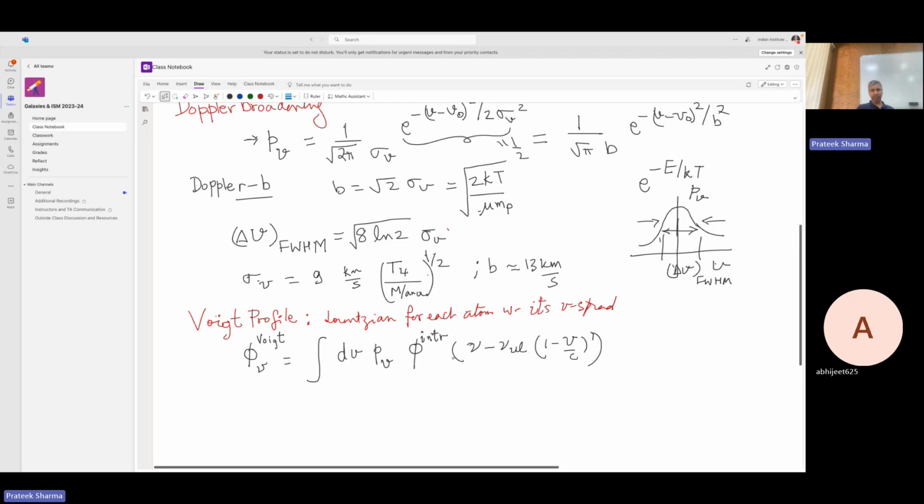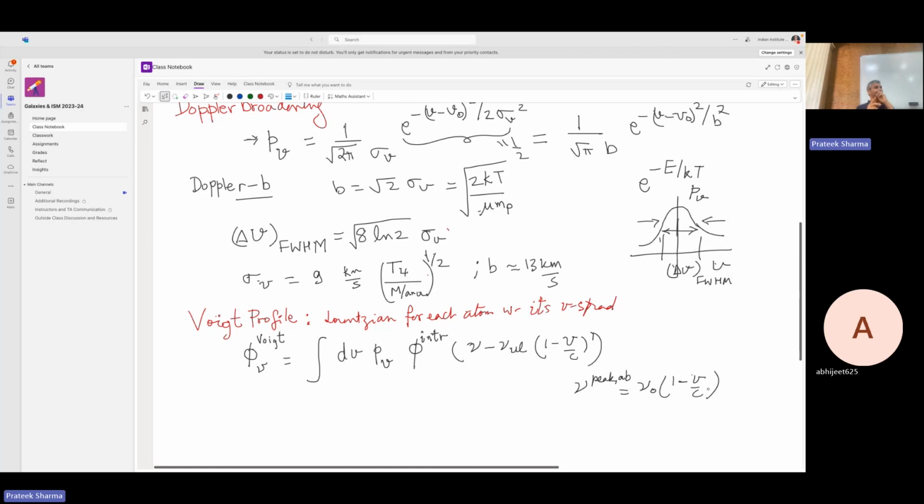Okay, so what have I written there? Every particle with line of sight velocity V will have an absorption probability which will be peaked at a frequency. So nu peak for absorption for a particle with velocity V will be nu naught times (1 minus V by C).